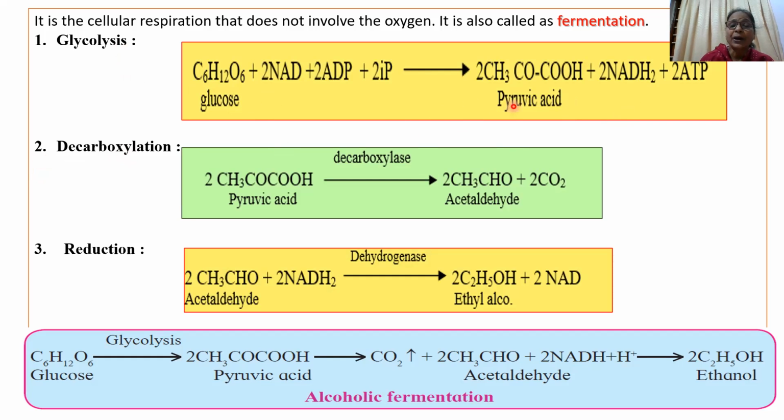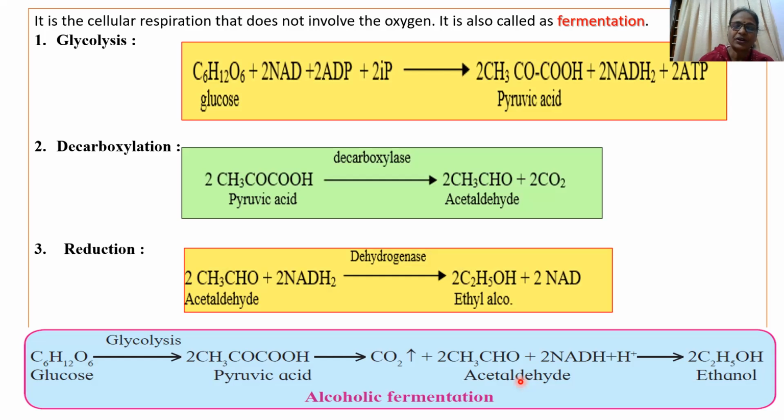Then this pyruvic acid which is produced undergoes decarboxylation. A CO2 molecule is removed from the pyruvic acid, and it is converted into acetaldehyde. And this acetaldehyde then undergoes reduction into ethyl alcohol. And in this way, alcoholic fermentation occurs.